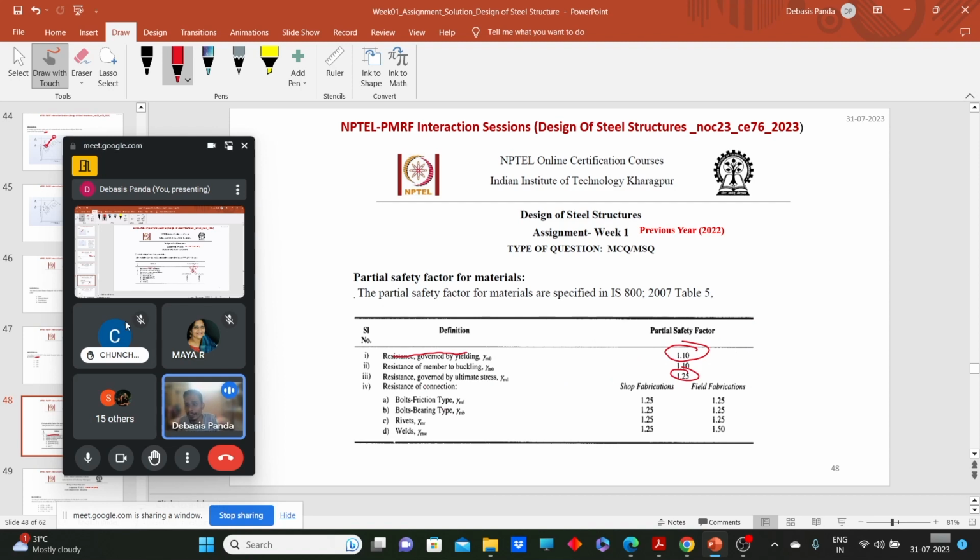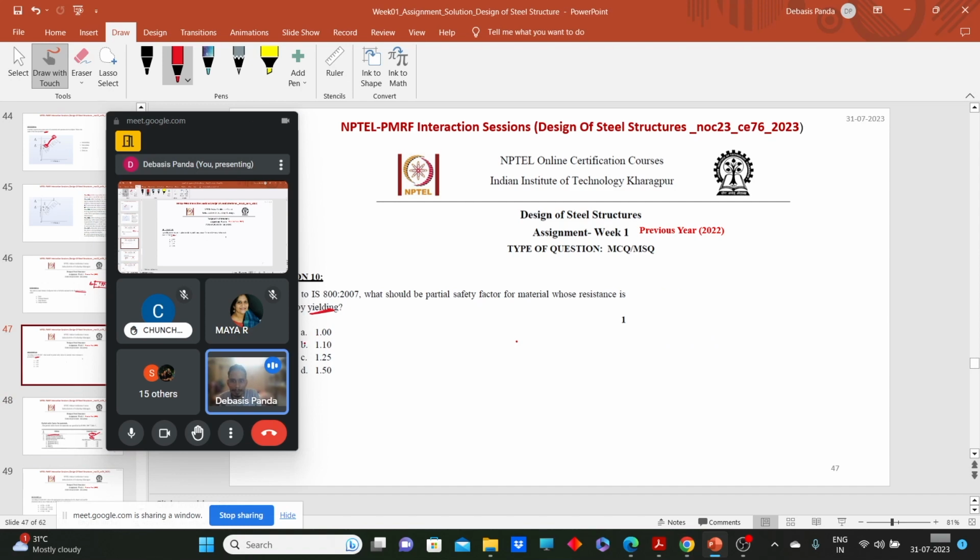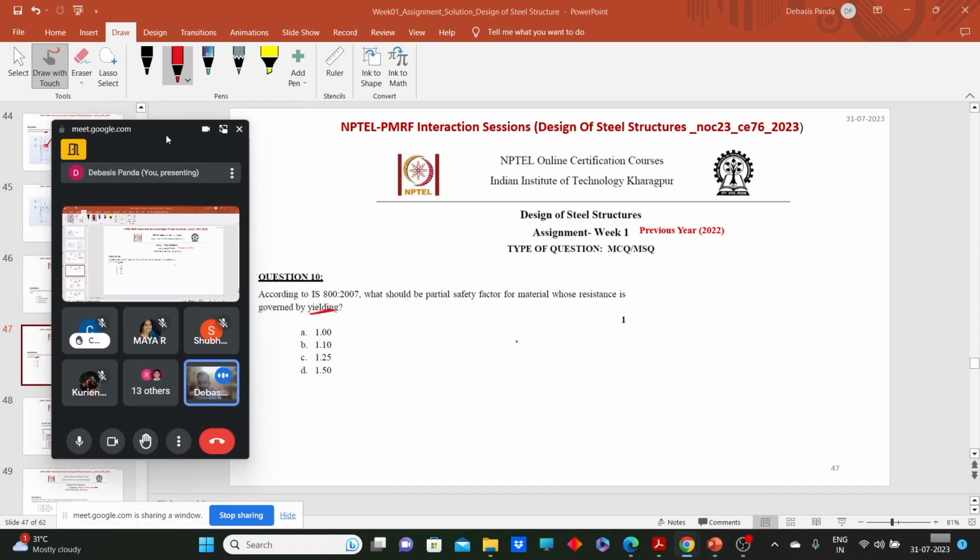So what will be the correct answer? 1.1. So for yielding, 1.1, because yielding is more safe than rupture. Like it ruptured, completely broke, and after yielding it can still bear something. Understand this thought process? Okay. So the answer will be 1.1. Clear?